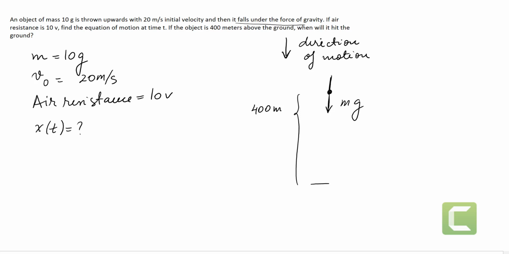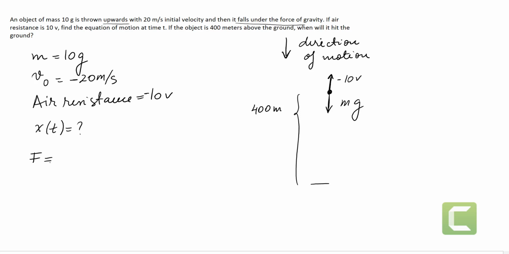Then the air resistance, which is opposite to the direction of motion, is 10 V, so I'm going to put minus 10 V. And the initial velocity is going upward, against the direction of motion, so that's why we put minus, because it goes upwards. If it went downwards, it would be 20 meters per second. So let's solve the problem.